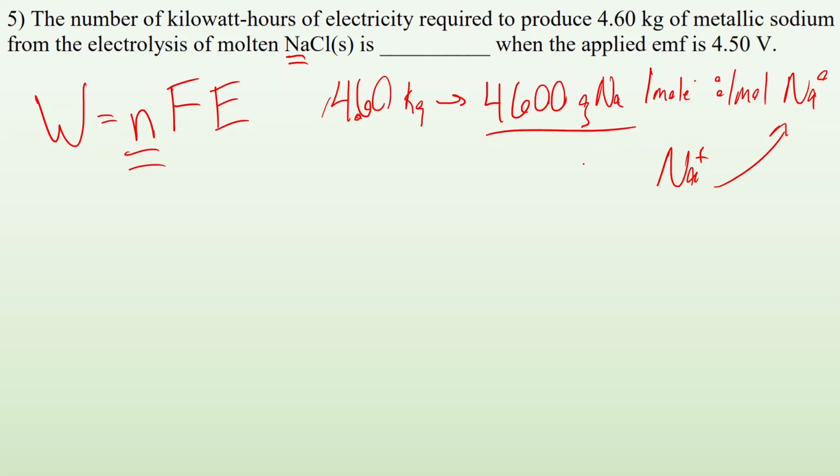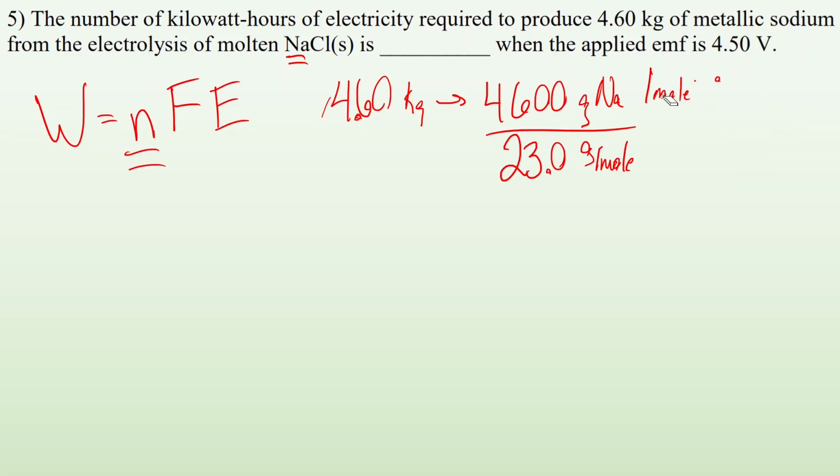I have to divide 4,600 grams of sodium by the gram formula mass of sodium, which is 23.0 grams per mole. That tells me how many moles of sodium and how many moles of electrons, because it's 1 electron per mole. When I plug and chug, I get roughly 200 moles.